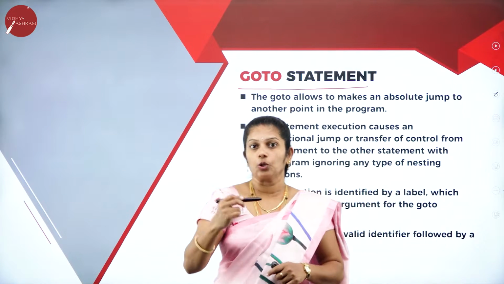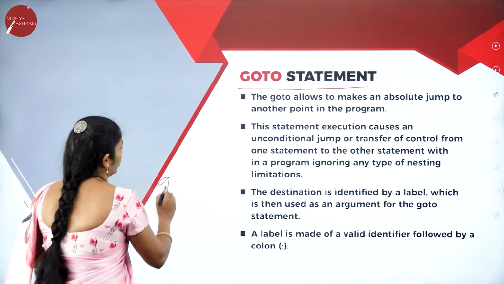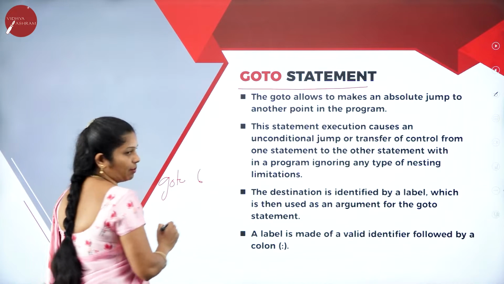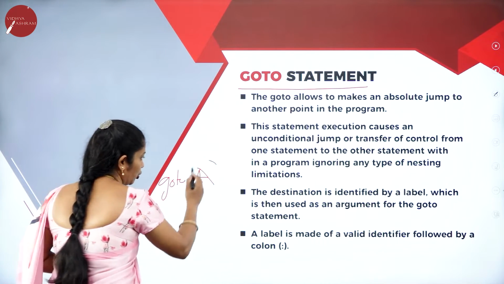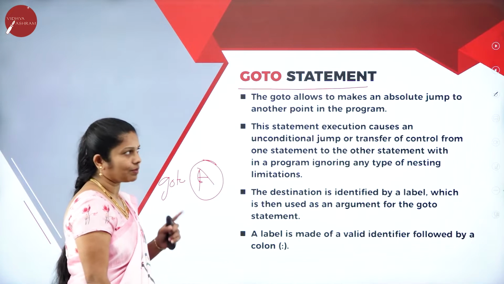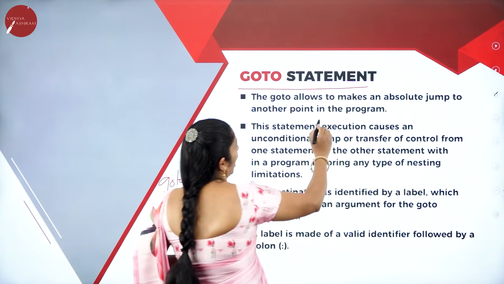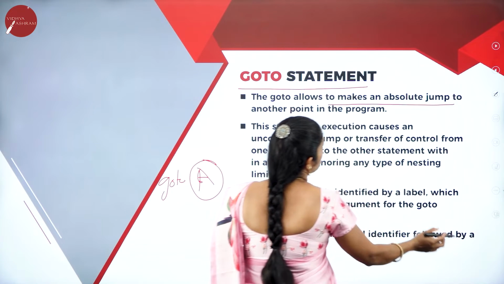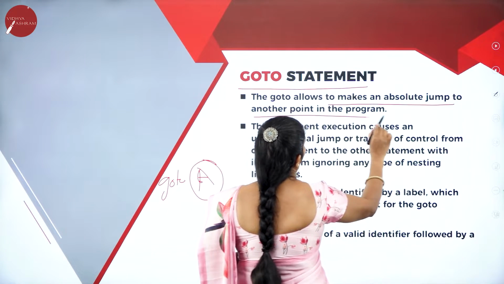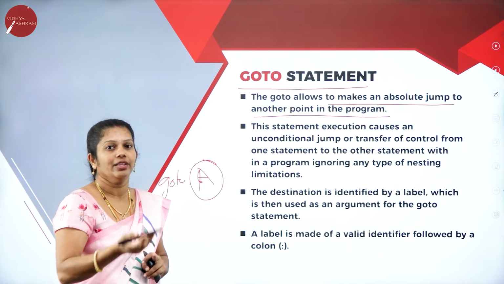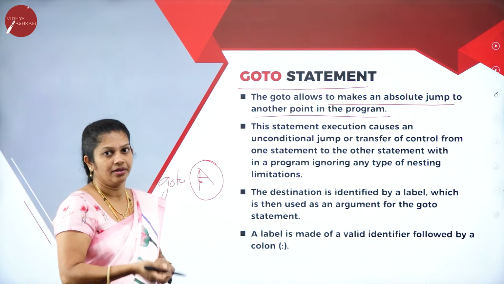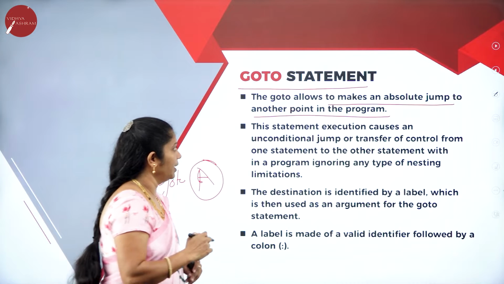Whichever label we give after goto, for example 6 or any name like A, the control will automatically go to that label. The goto allows us to make an absolute jump to another point in the program, from one point to another directly.